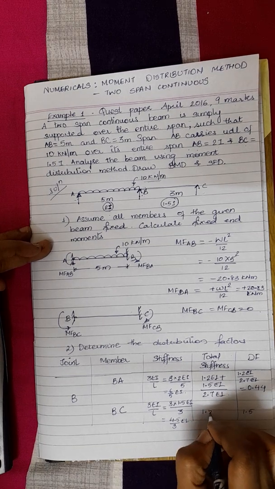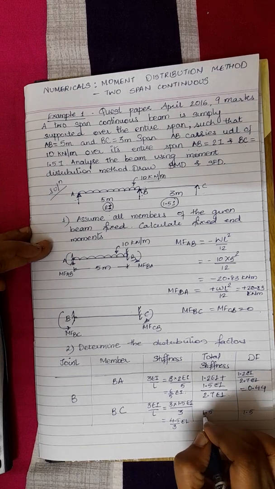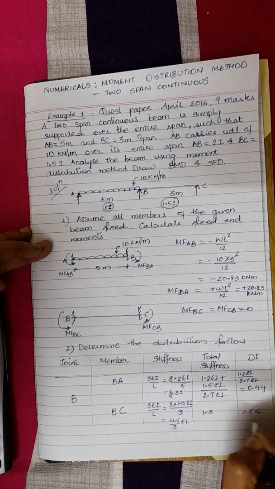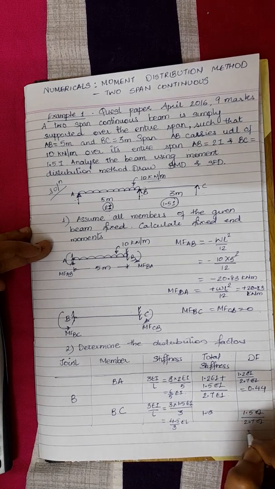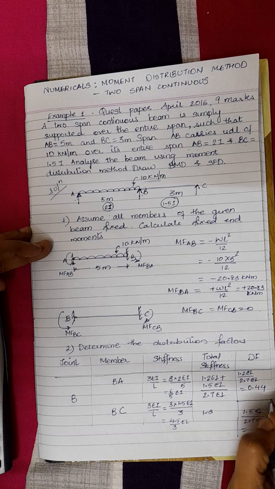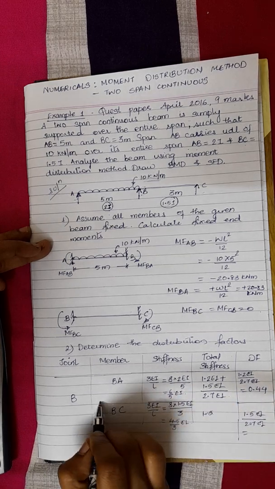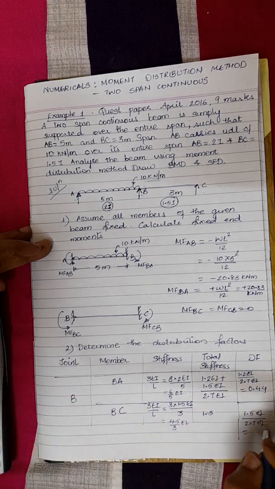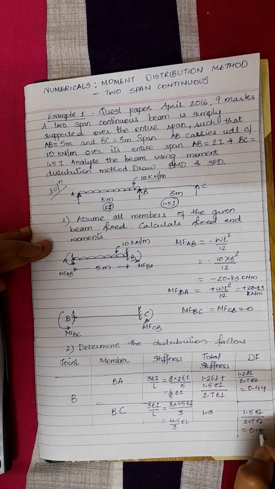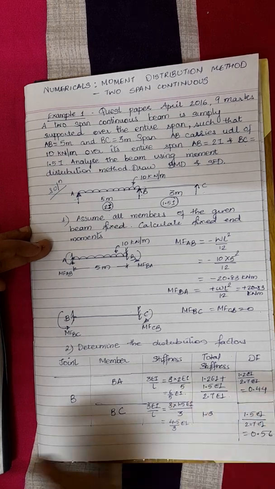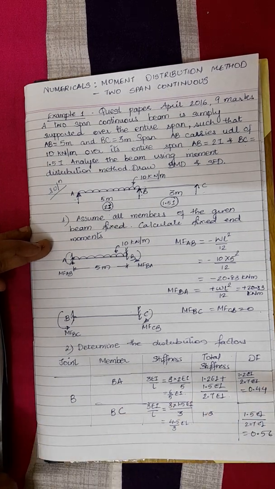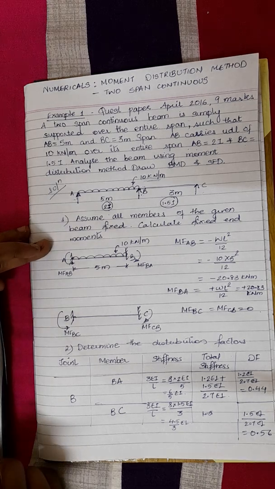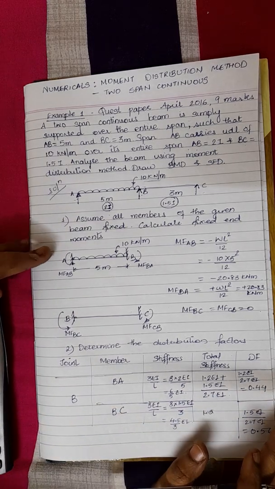And 1.5 EI divided by 2.7 EI is equal to 0.56. Let us check: 0.44 plus 0.56 is 1. Yes, it is equal to 1. So this completes your second step.